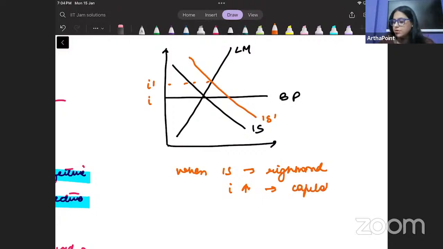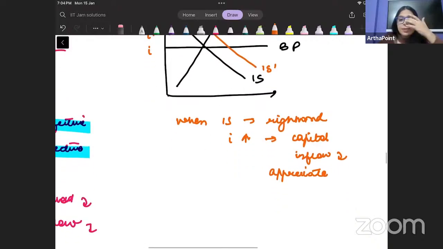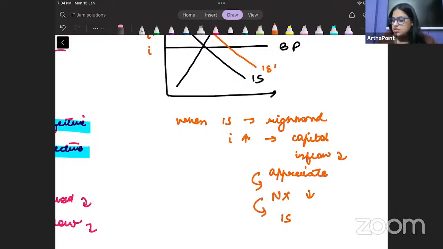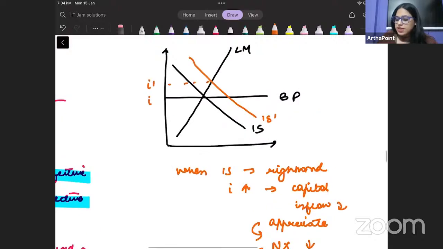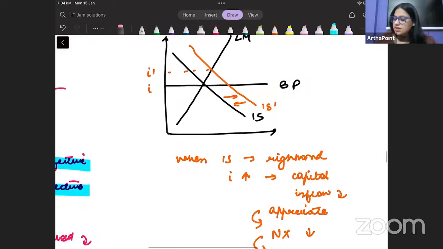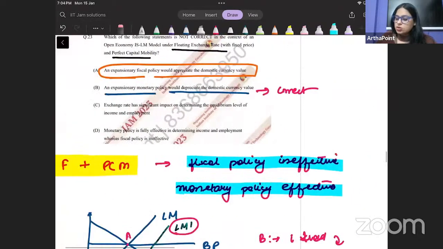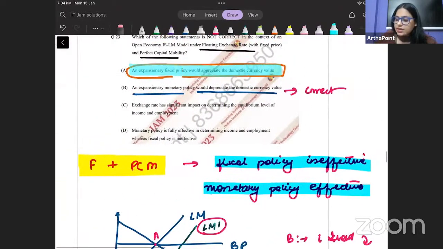So there will be capital inflow. When there is capital inflow, your currency will appreciate. And when your currency appreciates, what will happen? Your net exports will decrease. Because your net exports decrease, your IS curve will shift backwards. So it shifts rightwards and then shifts backward. But yes, in the process, the currency has appreciated.